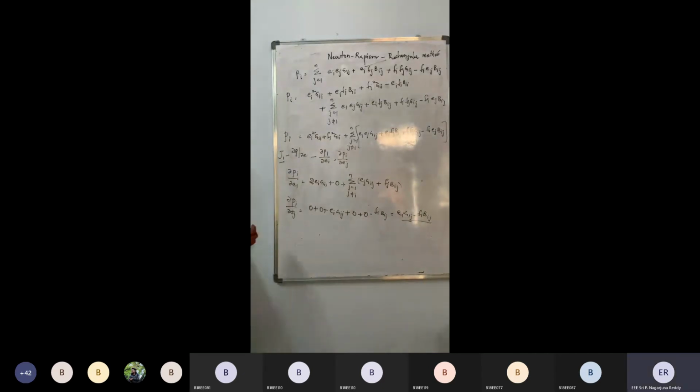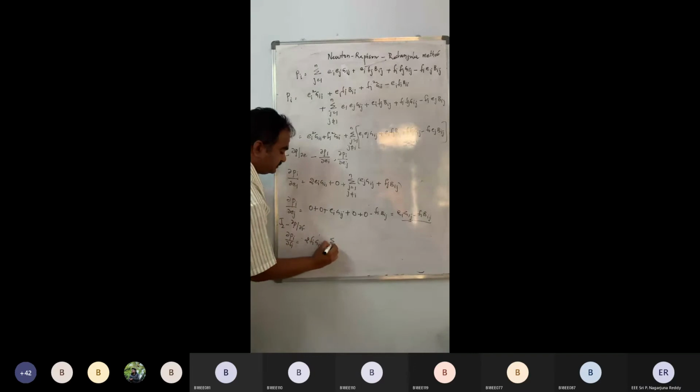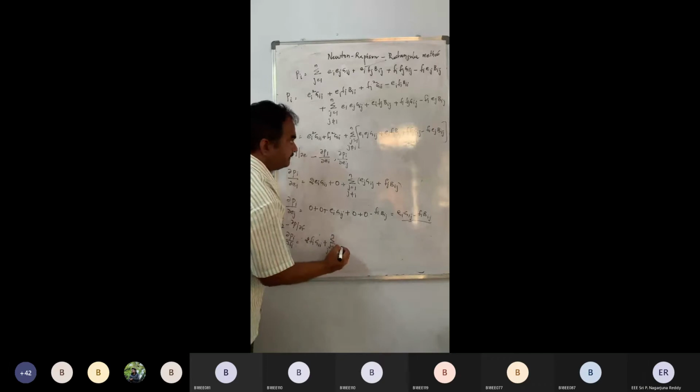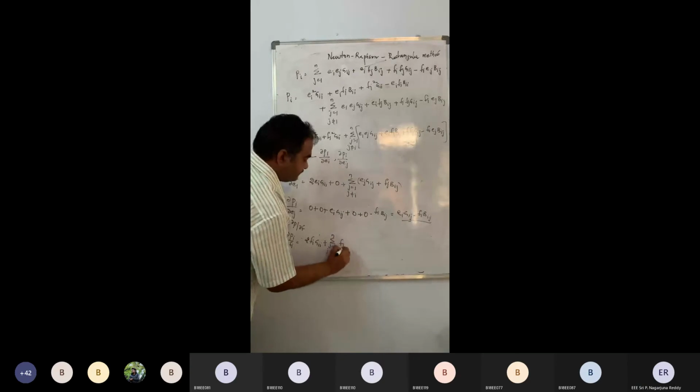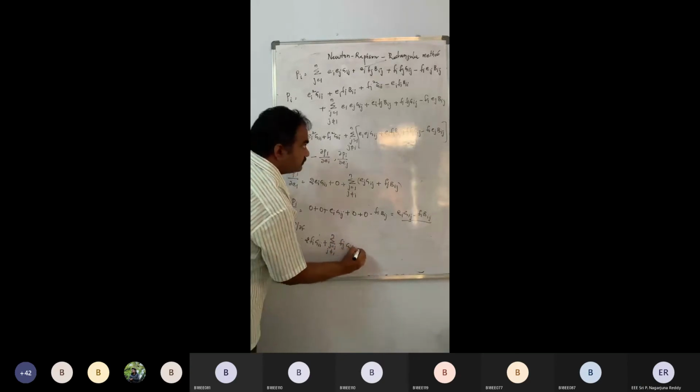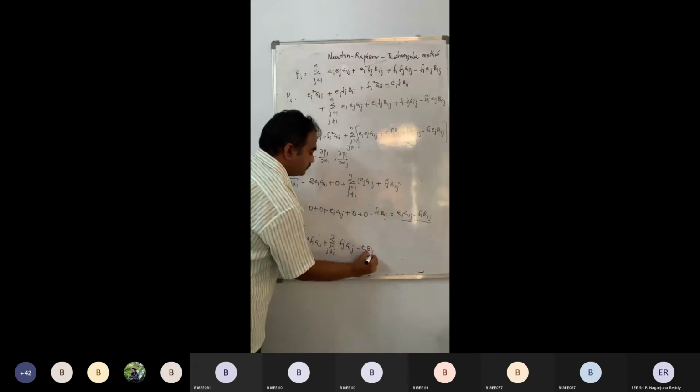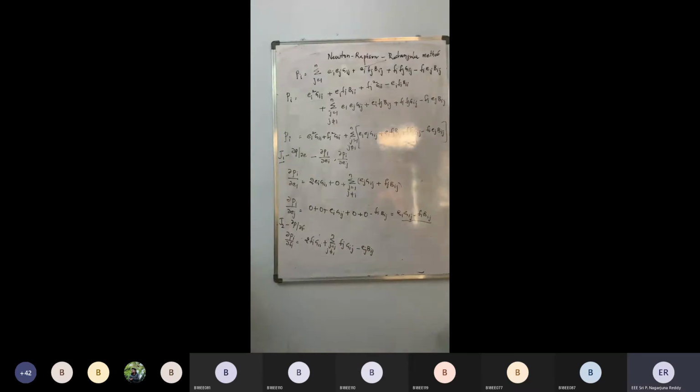Now, if I get back to J2, it should be dou P by dou F, where if I do it for the first element, differentiating with respect to Fi, I can write it as this expression.